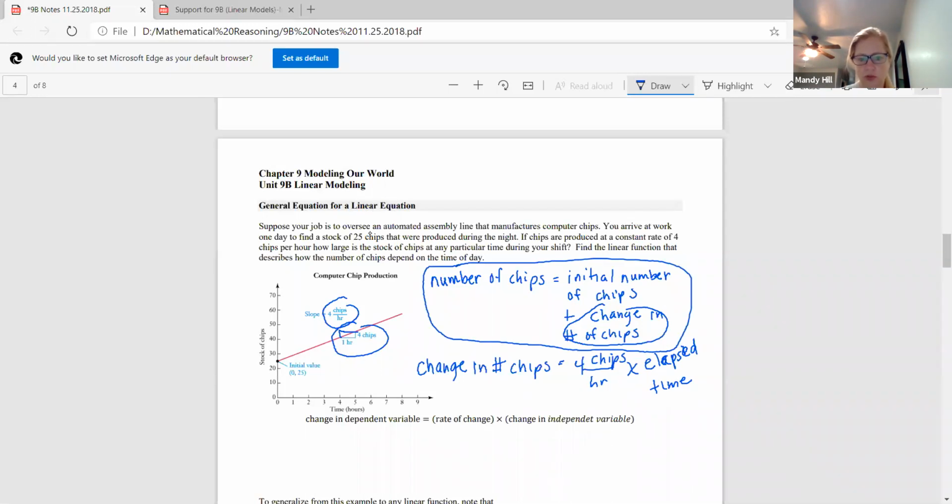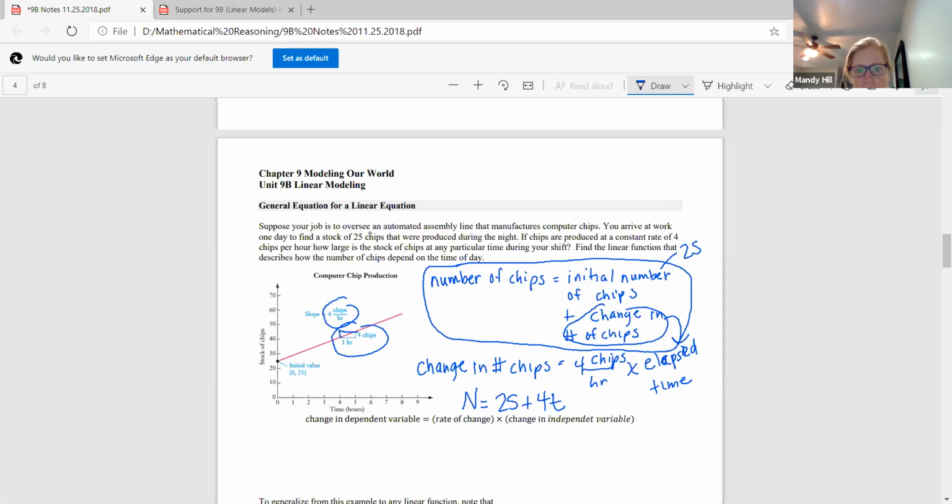The initial number of chips is 25, is what we would plug in for this, plus the change in chips, which is this part down here, 4 chips per hour times the elapsed time. We can make an equation that says the number of chips is 25 plus 4t. And t would stand for the number of hours that has gone by.